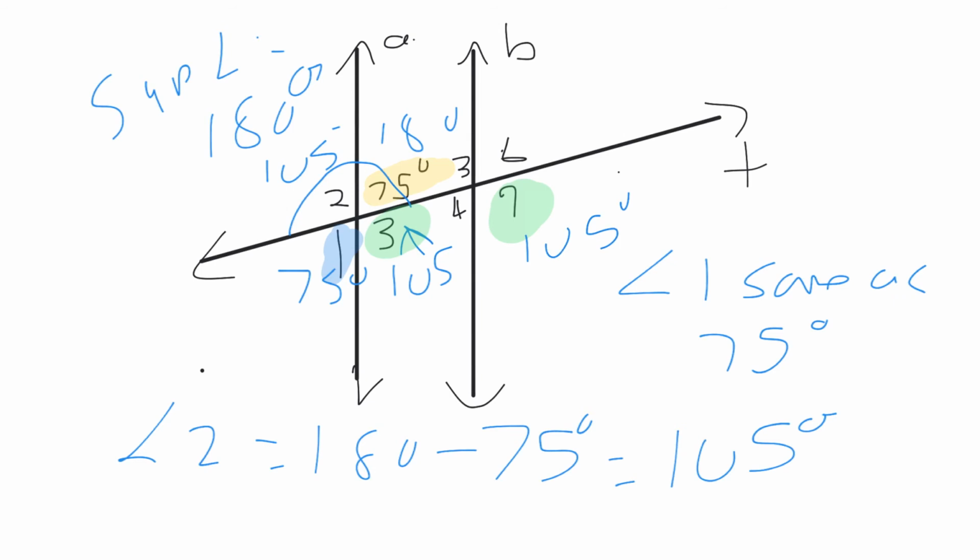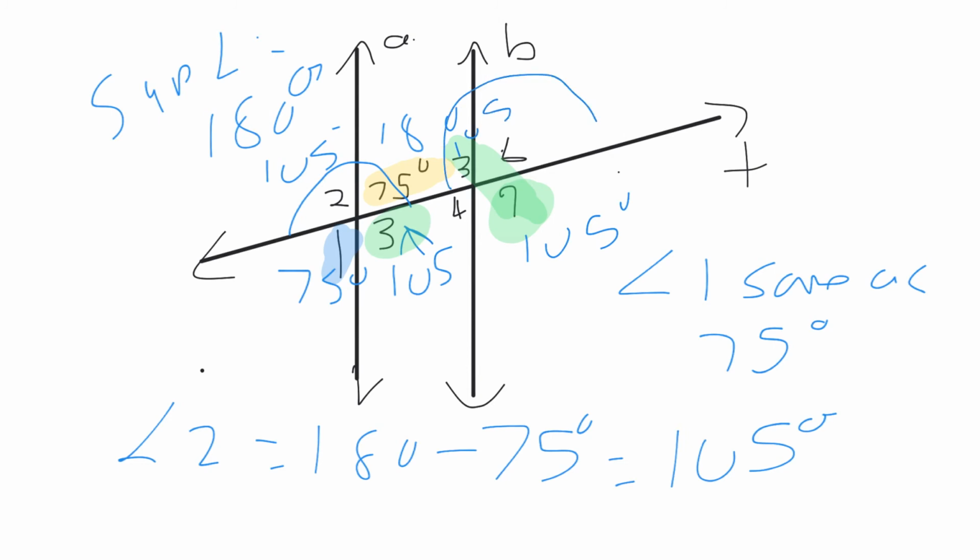Now, you should be able to see that if I look at angle 3 and 7, what are they? Well, they're vertical angles. And so therefore, angle 3 is also 105 degrees.